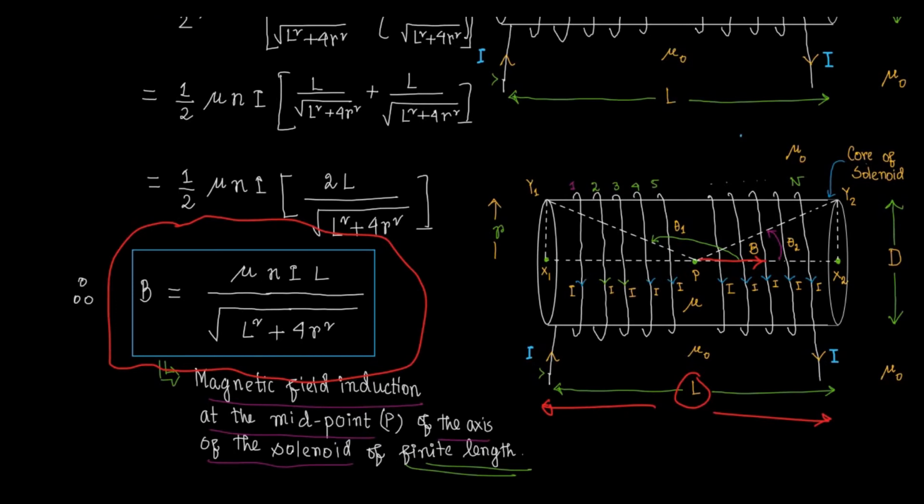Number of turns of the solenoid per unit length is small n, which is equal to capital N by L. Capital N is the total number of turns of the solenoid, and R is the radius of the circular cross section of the solenoid.